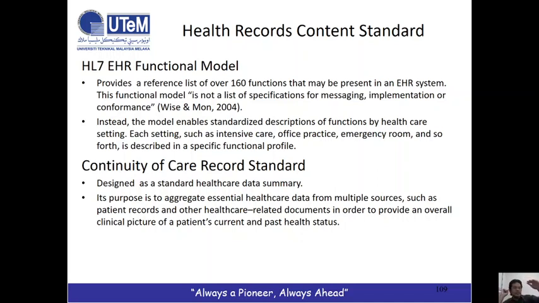We cannot allow different hospitals or different doctors to use their own format of discharge summary. When we send to the database, some discharge summaries are complete and some are incomplete. That's why we need a standard for health record contents.